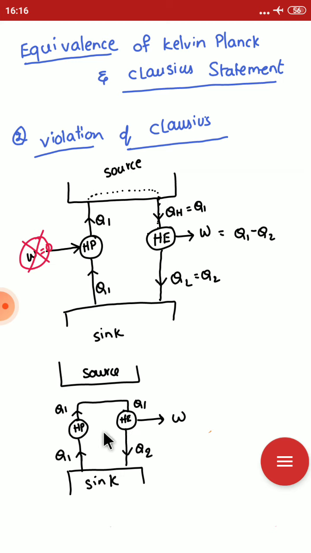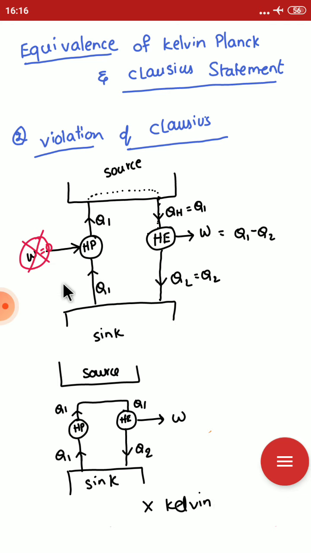By seeing this, with only a single thermal reservoir, the conversion of energy is happening continuously, which is the violation of the Kelvin-Planck statement. The Kelvin-Planck statement itself says that with only one thermal reservoir, complete conversion of heat to work is impossible.